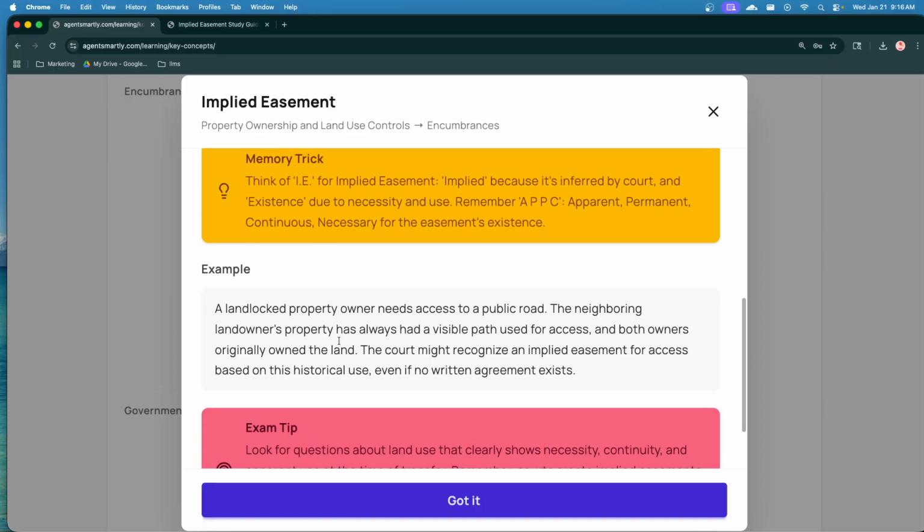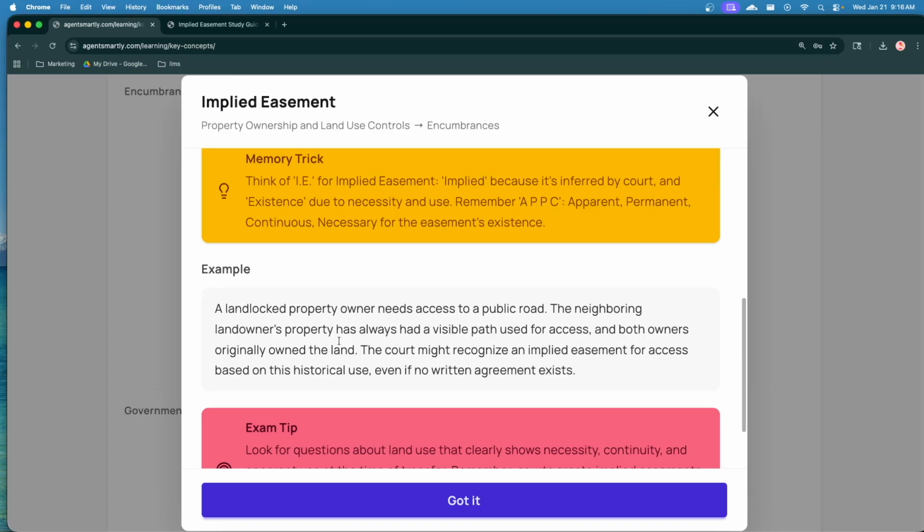So now let's take a look at the real world example. A landlocked property owner needs access to the public road. The neighboring landowner's property has always had a visible path used for access. So both owners originally owned this land.